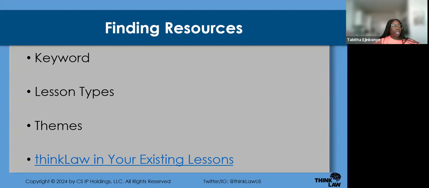It's a really great place to start, a really great tool to use, especially for my new users that are out there who want to feel more at ease when introducing a new curriculum and have it connect to your existing curriculum. So please check that out. Again, keywords, lesson types, themes, Think Law in your existing lessons. I cannot highlight and stress that page enough. I'll send that link out as well, so it'll get you directly there.